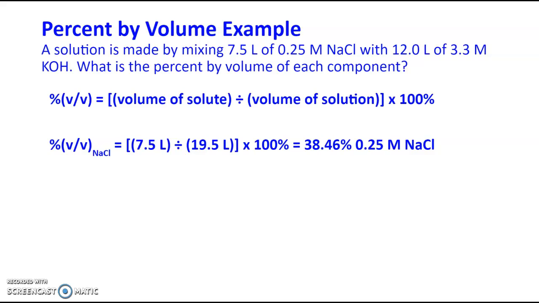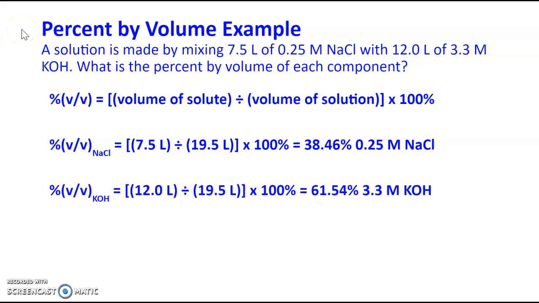And so then we could say we have a solution that's 38.46% 0.25 molar sodium chloride. So that's where the molarity comes back in. We're saying about 38.5% of this solution is made out of 0.25 molar sodium chloride.